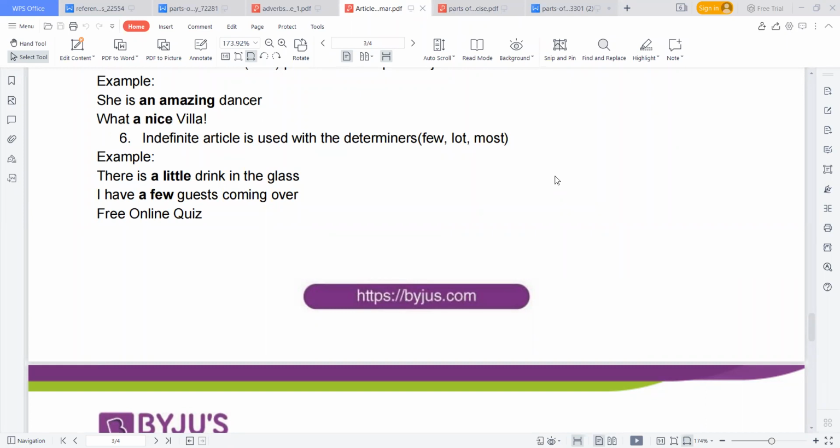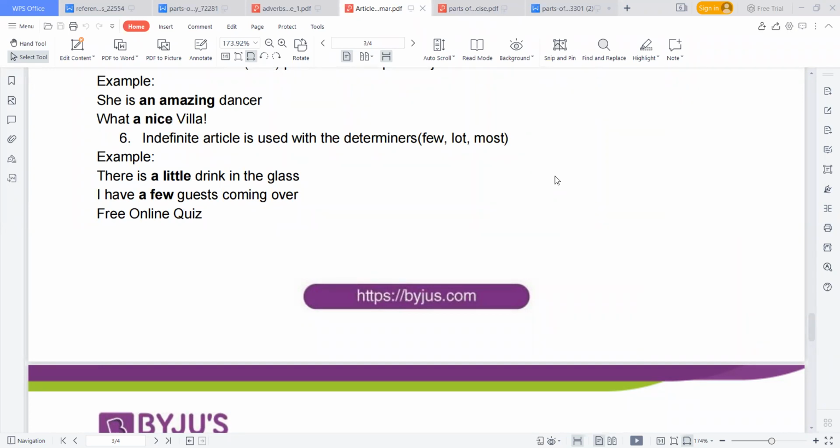For example, I have a car, or the car has four wheels. I have a car will come first. After that, the car is known to the reader, then you can say the car.